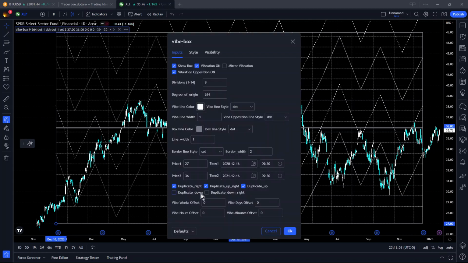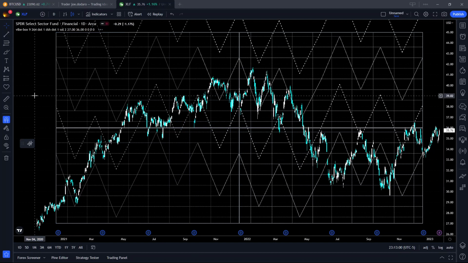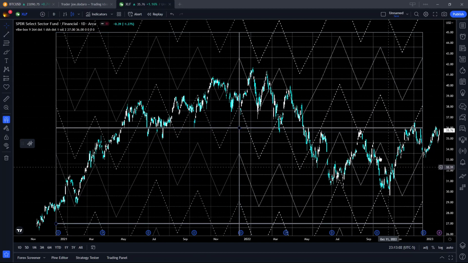And if I duplicate downwards and to the right, I'm also going to get some good information there for this current stuff here. And so obviously the tips of those cycles are very important, seeing the price actually tap each tip there.